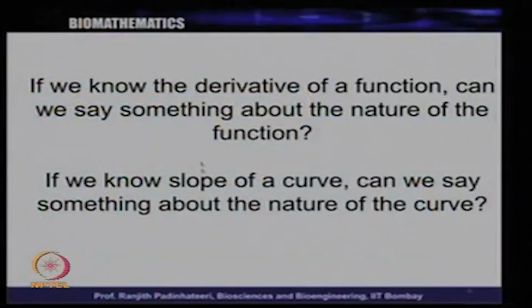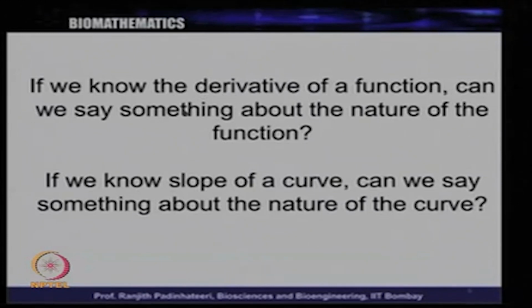The question is this: if we know the derivative of a function, can we say something about the nature of the function? In the case we know the dl by dt, the derivative of length with time, can we say something about L itself?